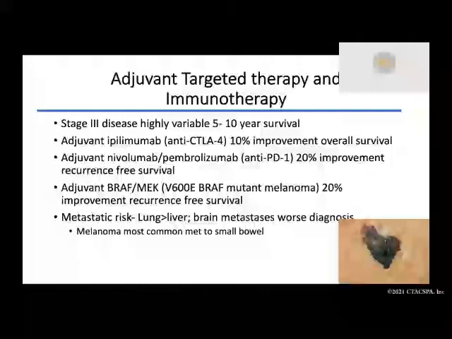If they ask which site of metastatic disease is associated with the worst prognosis, that would be brain metastasis, which actually has its own separate classification, M1D, because those patients do so poorly. Again, just a little bit of potpourri in case it came up: melanoma happens to be the most common metastatic lesion to the small bowel.